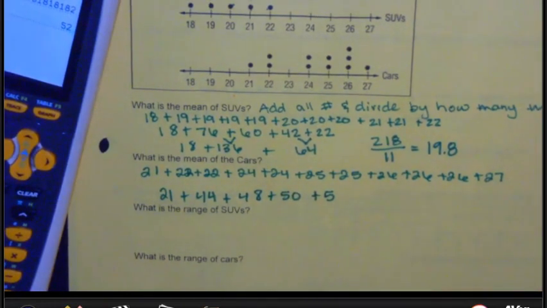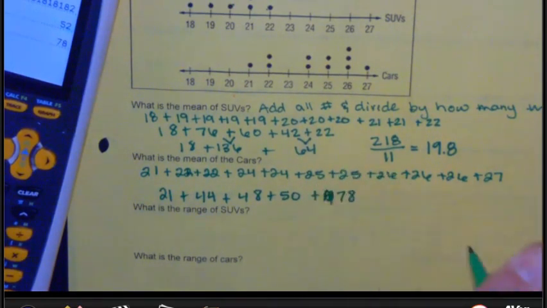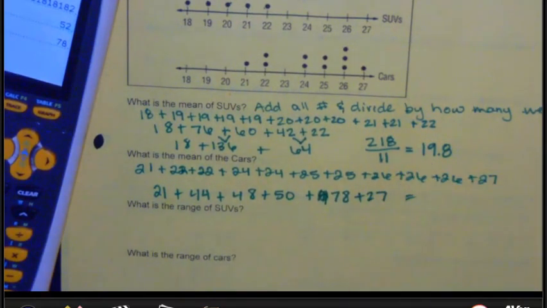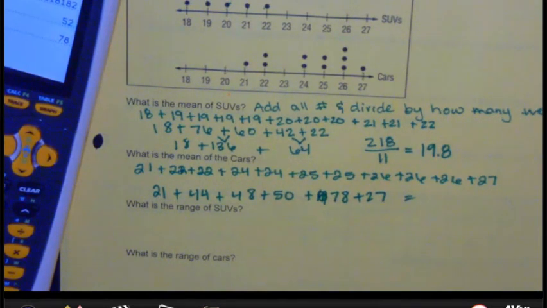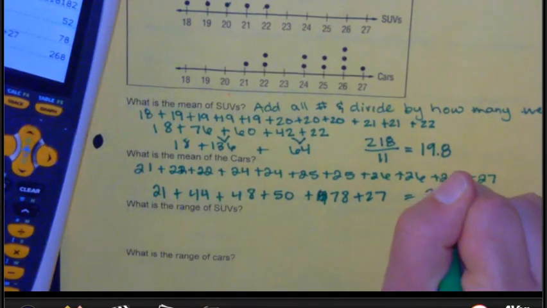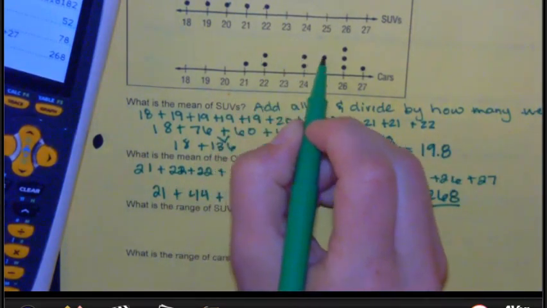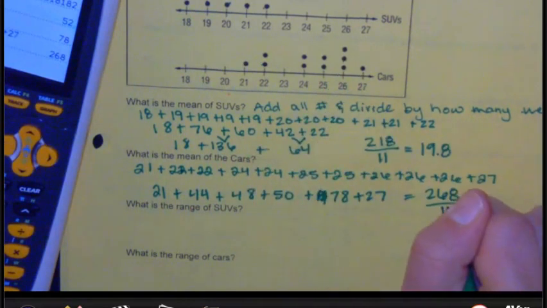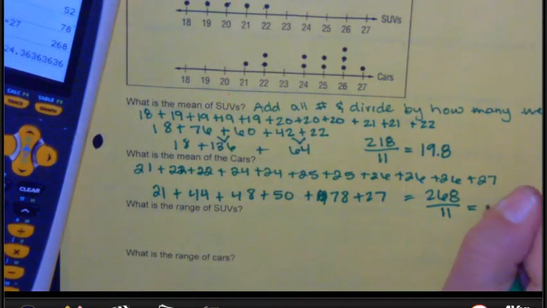Oh, no, that's 26 times 3. Ooh, 78. Plus 27. So 21 plus 44 plus 48 plus 50 plus 78 plus 27. I should get 268. There are 1, 2, 3, 4, 5, 6, 7, 8, 9, 10, 11 numbers here. 268 divided by 11.